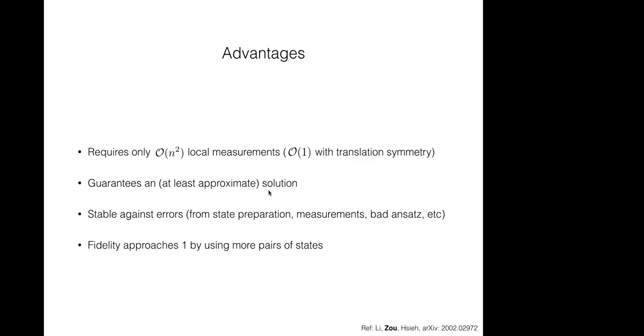But if now you have a minimization problem, you will necessarily have some approximate solution. Furthermore, later I will elaborate that this method is stable against the errors from either preparing the initial states, from the measurements, and from some bad ansatz, and finally the fidelity of the method can approach 1 if we use more and more pairs of states.